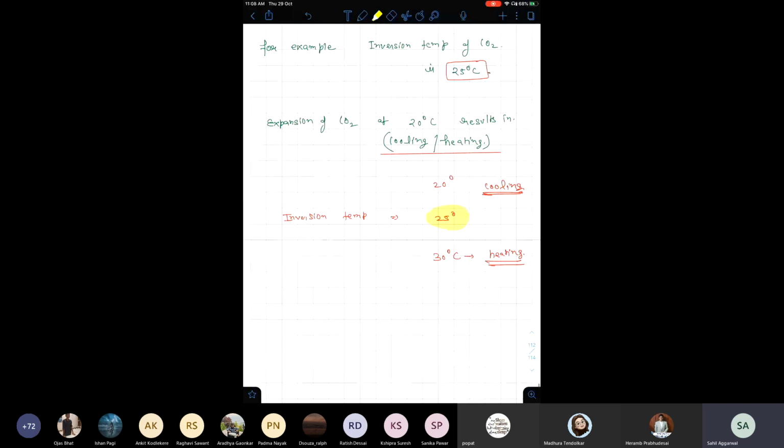ठीक है, एक और देख लेते हैं। Hydrogen and helium are the two gases which show heating always on expansion.